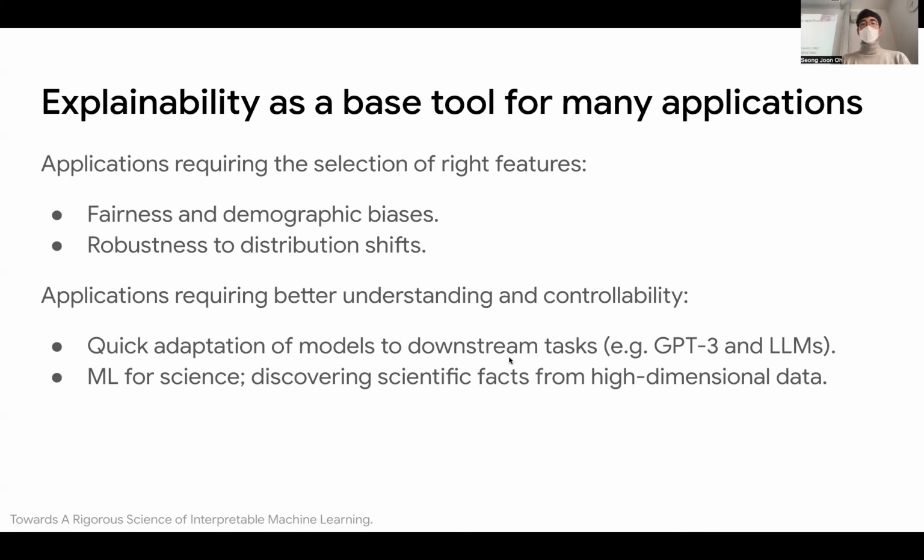For example, if you understand what GPT-3 does and knows, then probably we can quickly adapt those models to downstream tasks by only choosing the part of the model that are doing certain tasks, submodules that are doing certain tasks that are useful for the downstream task that I'm going to apply this model to. Okay, so there doesn't need to be any fine-tuning in that case. Or if you're using machine learning for science, then discovering this knowledge itself is the end goal, right? We need to understand what's happening in this scientific system.